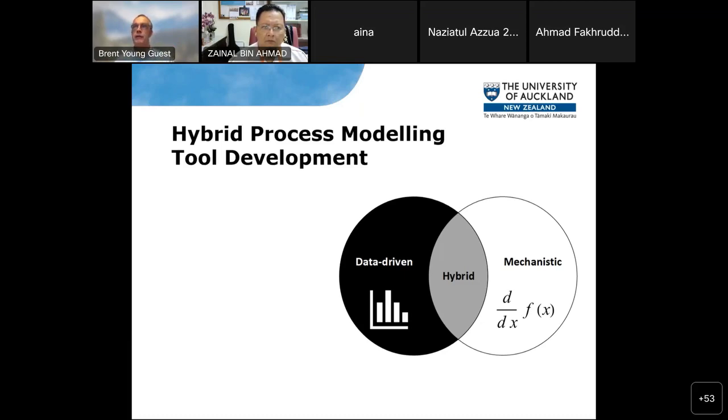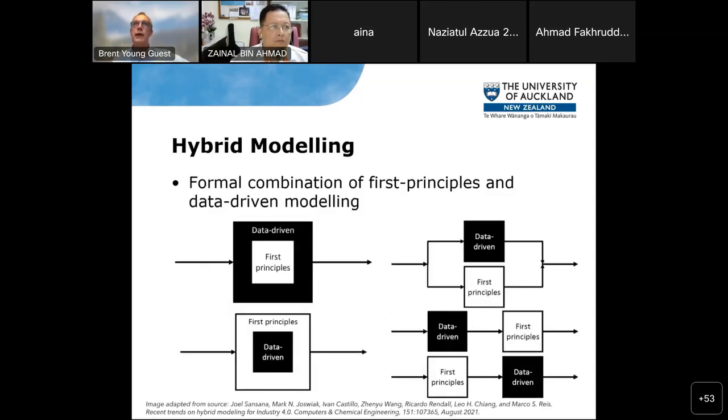And so that's where the idea of hybrid process modeling comes into play. I'm going to describe some research that we've been doing for the last 18 months or so, developing a tool that can aid in developing good hybrid models.